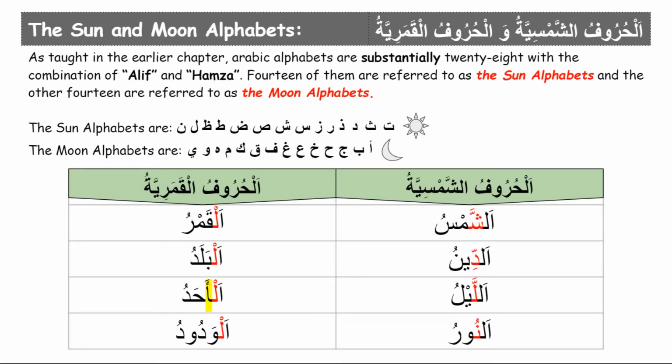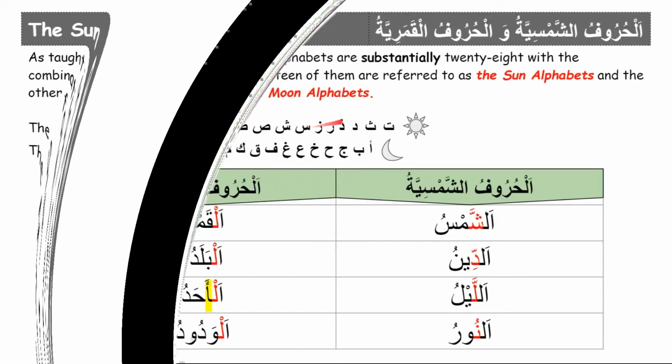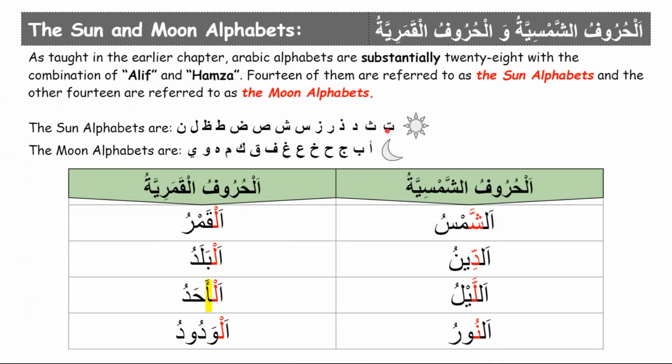So the sun and the moon alphabet, there are 14 alphabets respectively. So we have 14 of the sun alphabet and 14 of the moon alphabet. Here the sun alphabet are harf ta, tha, dal, dhal, ra, zain, sin, shin, sad, dad, ta, dha, lam and nun.